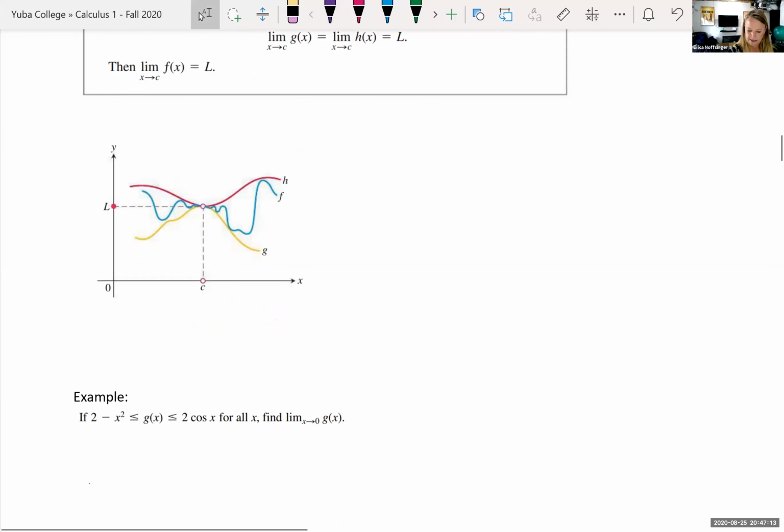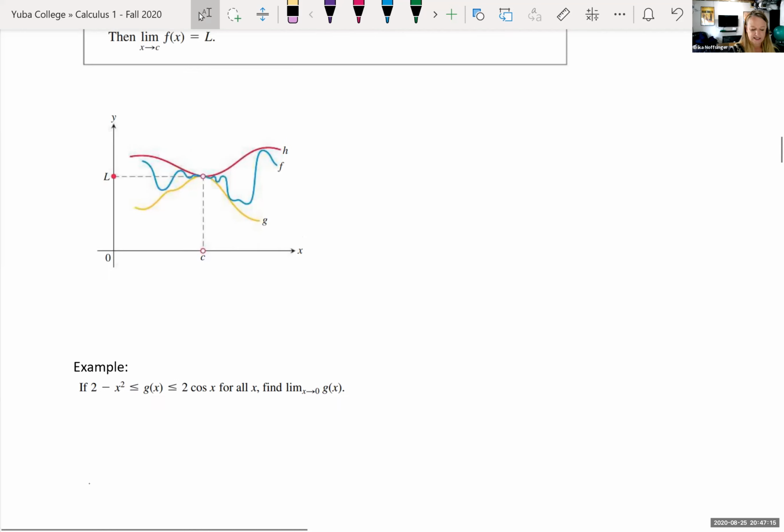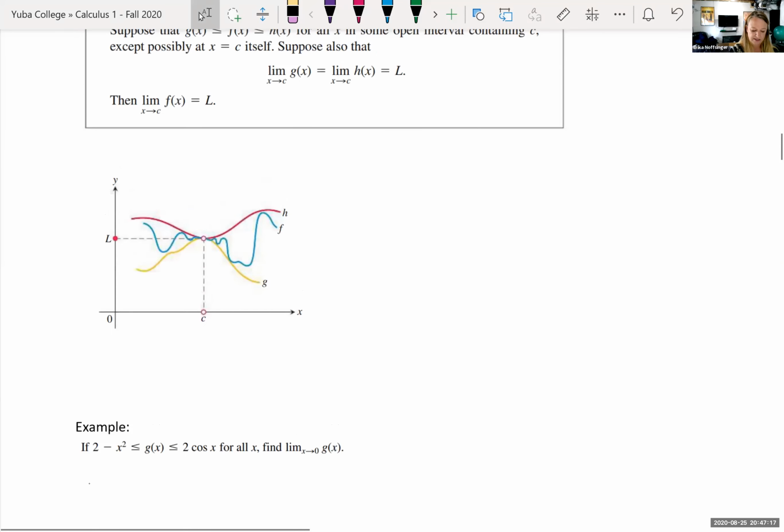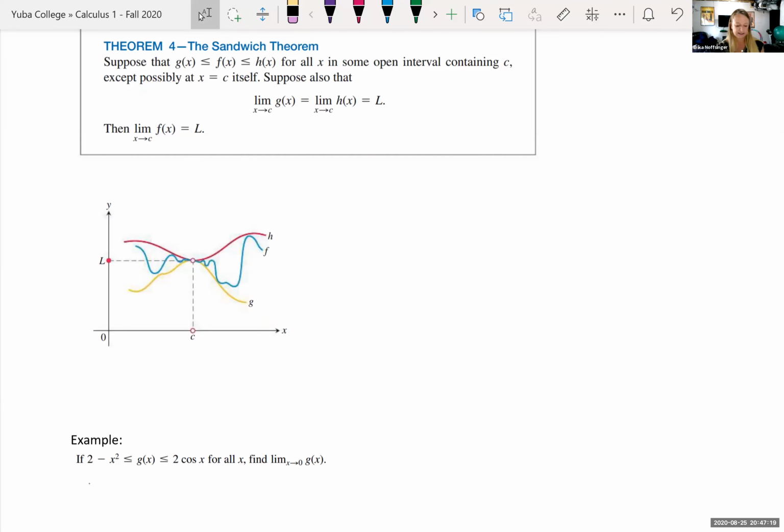Looking at this example, it says, if you're given that 2 minus x squared is less than or equal to the function g of x, which is less than or equal to 2 cosine of x, for all x, what is the limit as x approaches 0 of g of x?